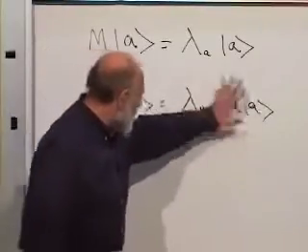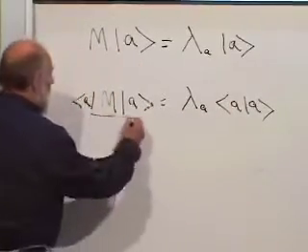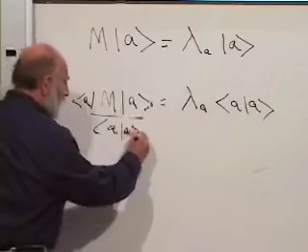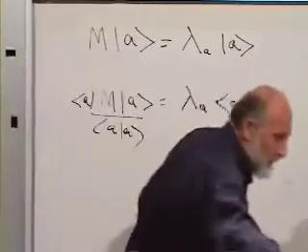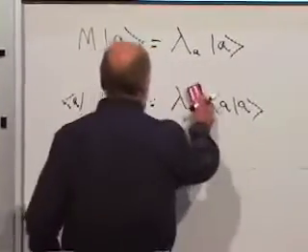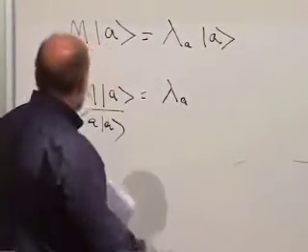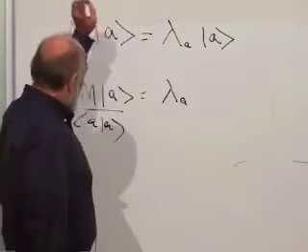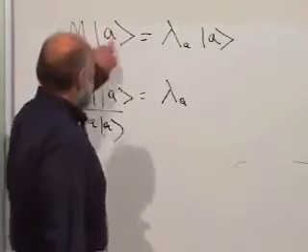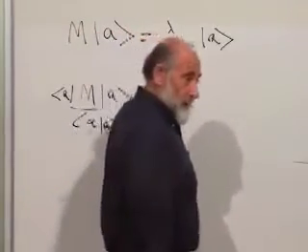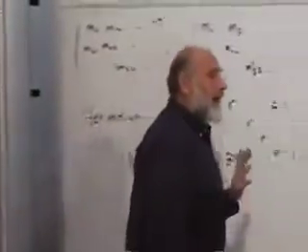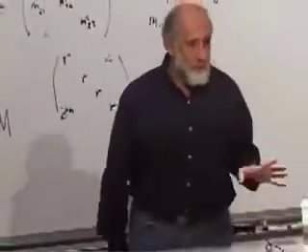Or another way to write it is to divide it by AA, and the ratio of two real numbers is certainly real. So the first statement is if we've managed to succeed and find an eigenvector and an eigenvalue of a Hermitian matrix, the eigenvalue will be real.